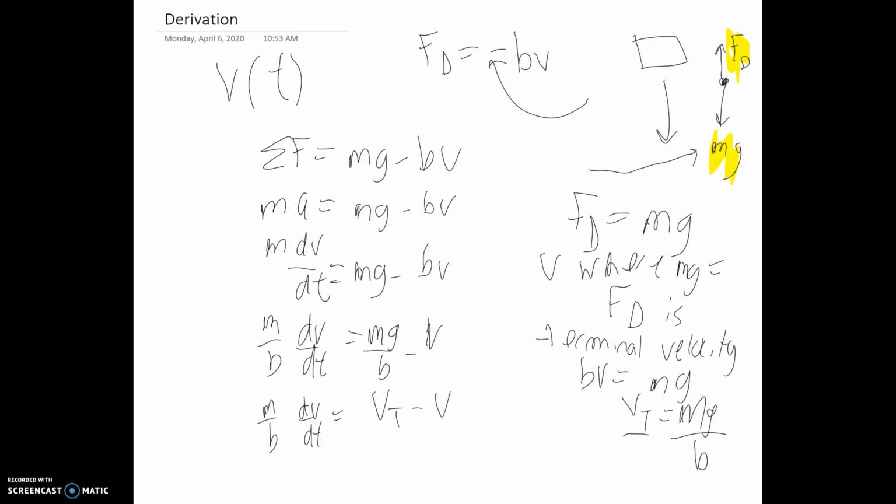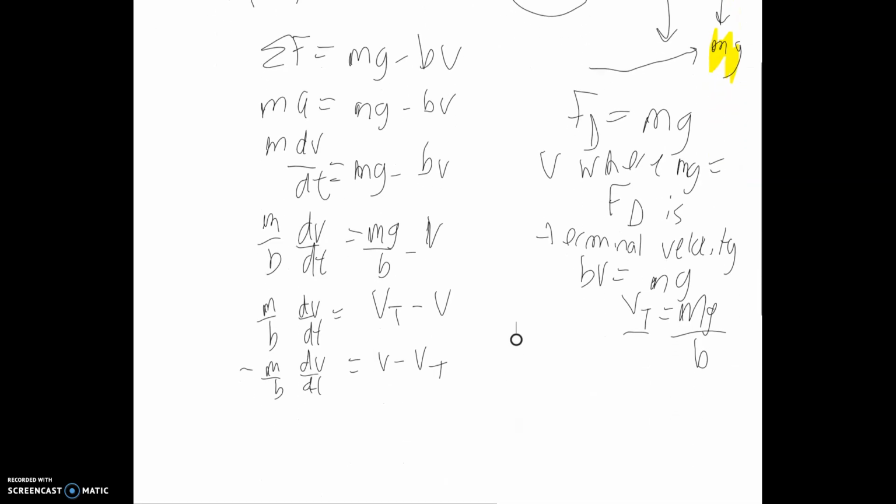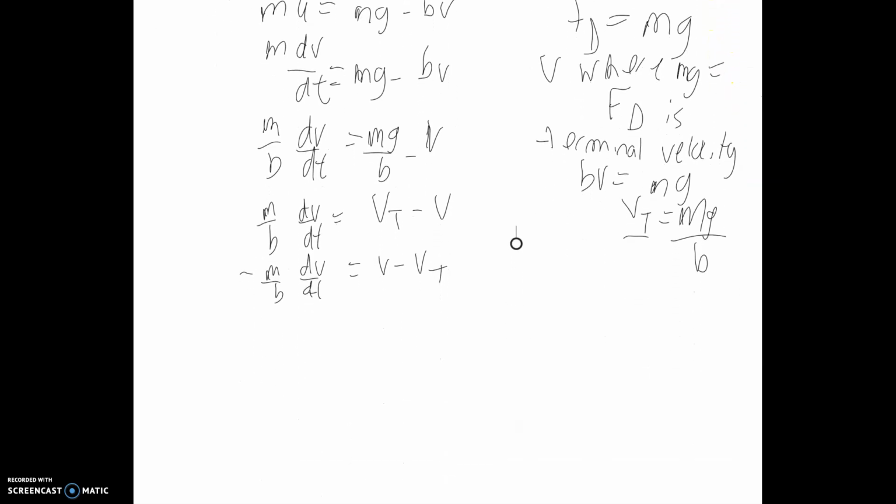I'm going to multiply it by -1 because I need that to make my integral a little easier to do. So I'm going to have negative m over b dv dt equals v minus vt. And then I'm going to do something really weird.